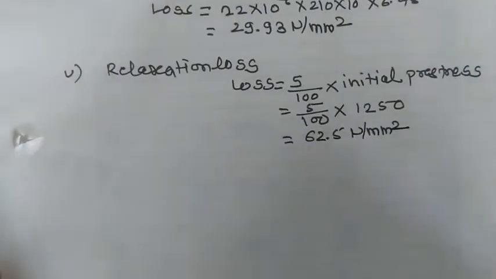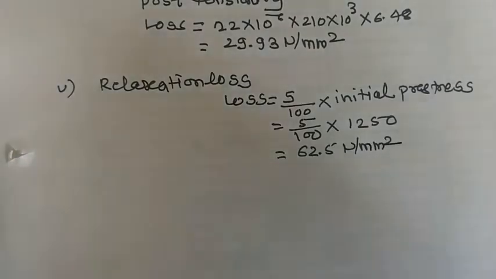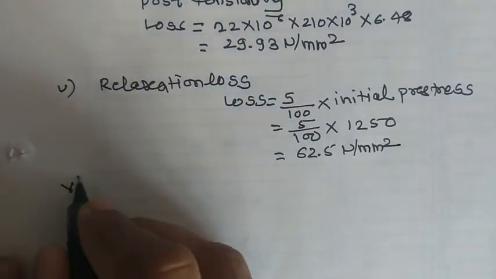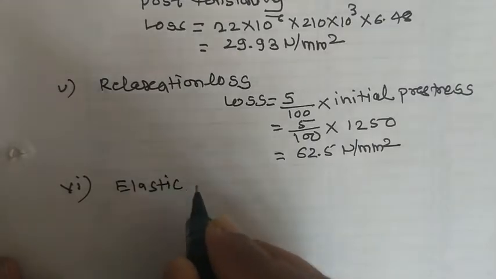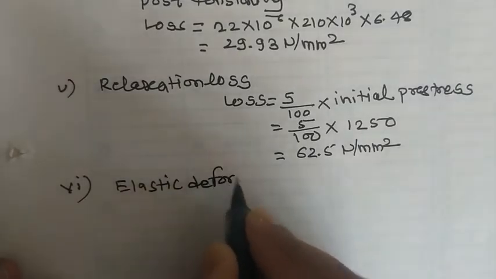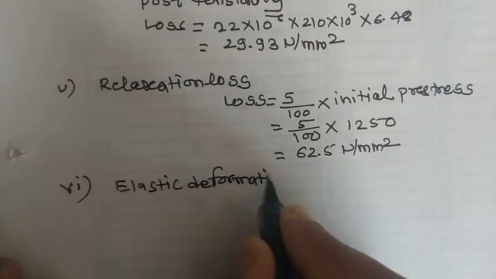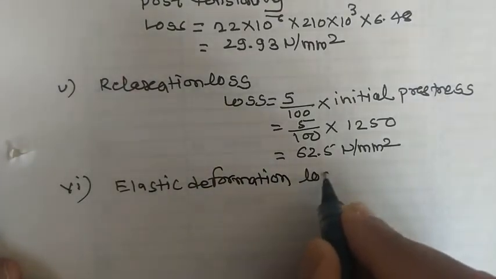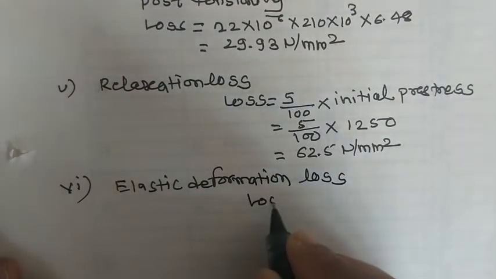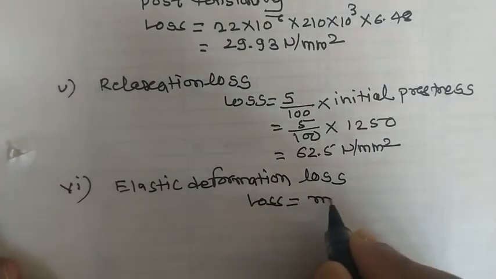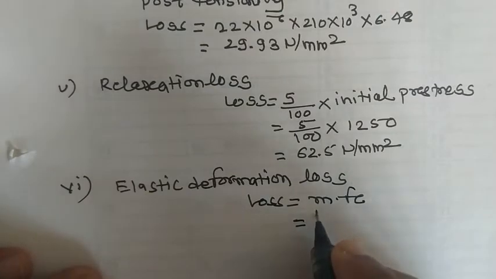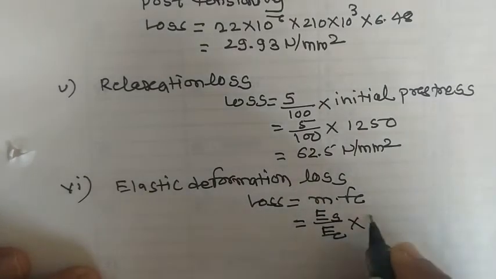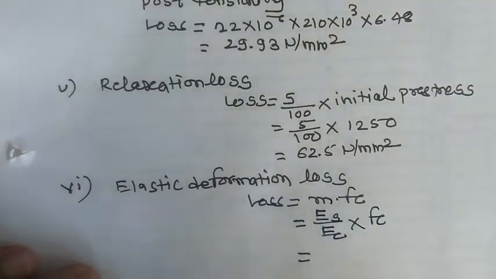And the last loss is elastic deformation loss. Okay, so the sixth is elastic deformation loss. So this loss is calculated as M into FC. So M is the ratio of Young's modulus of steel divided by Young's modulus of concrete, into FC, whose value we know.